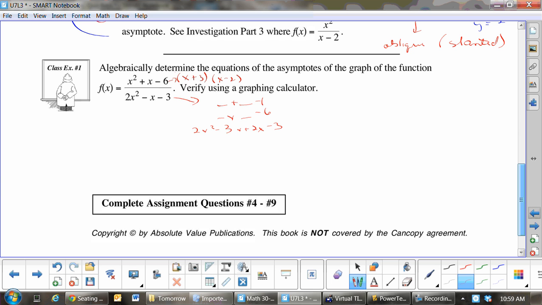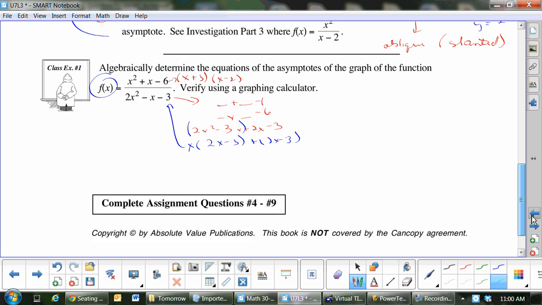Then I can put brackets around this one. I can take out an x, leaving me with x(2x minus 3). This one I can take out a 1, leaving me with 1(2x minus 3). So then this becomes, I'm just going to rewrite the whole thing: x plus 3 times x minus 2 over 2x minus 3 times x plus 1.